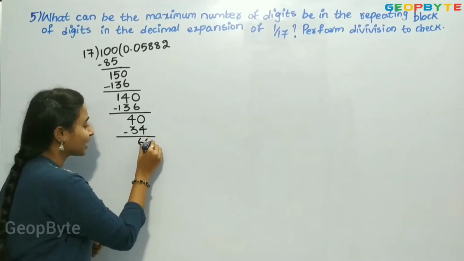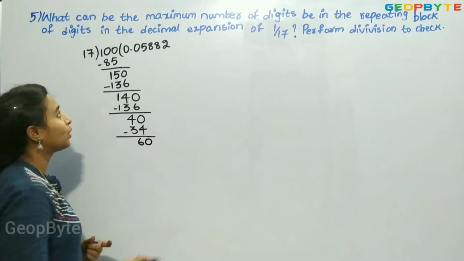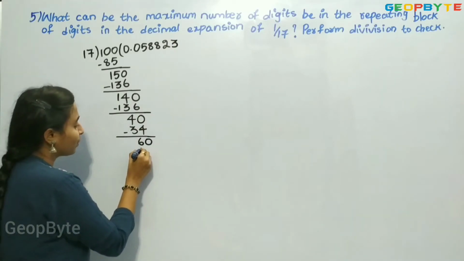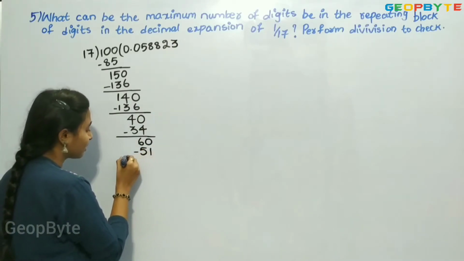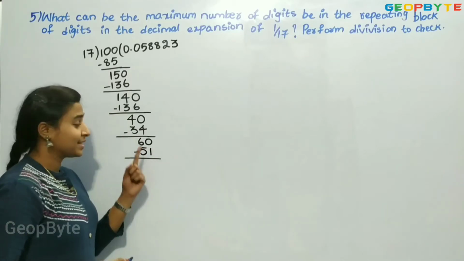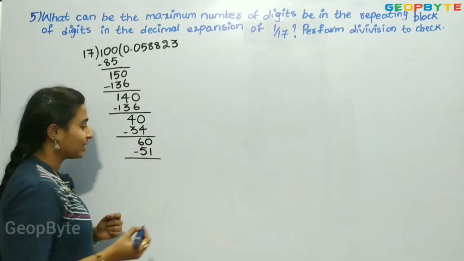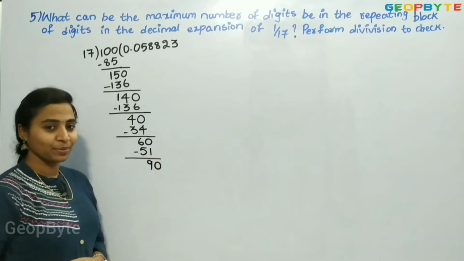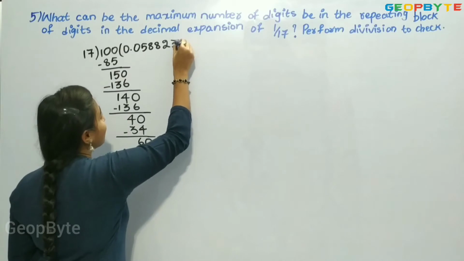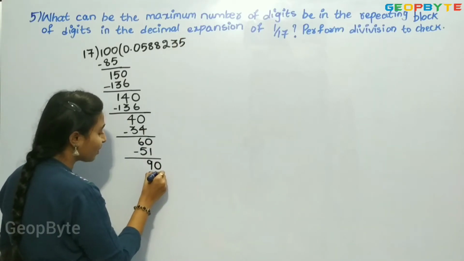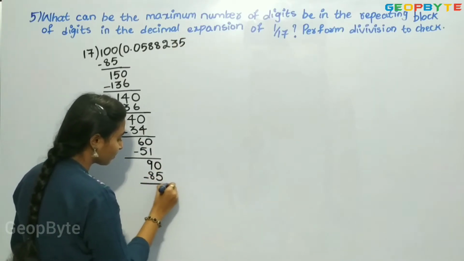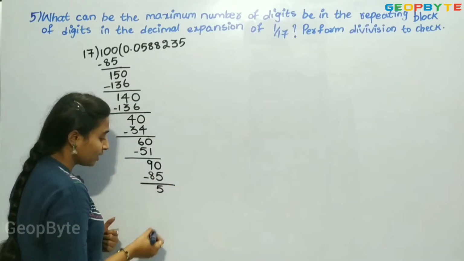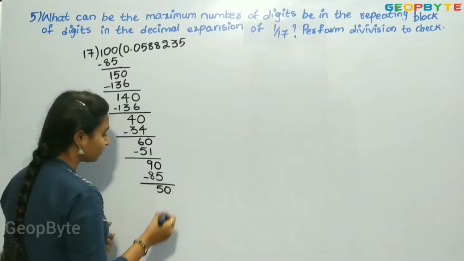Now let us take a 0. Now 17 3s are 51. 60 minus 51, 9. Now let us take a 0. Now 17 5s are 85. 90 minus 85, 5.